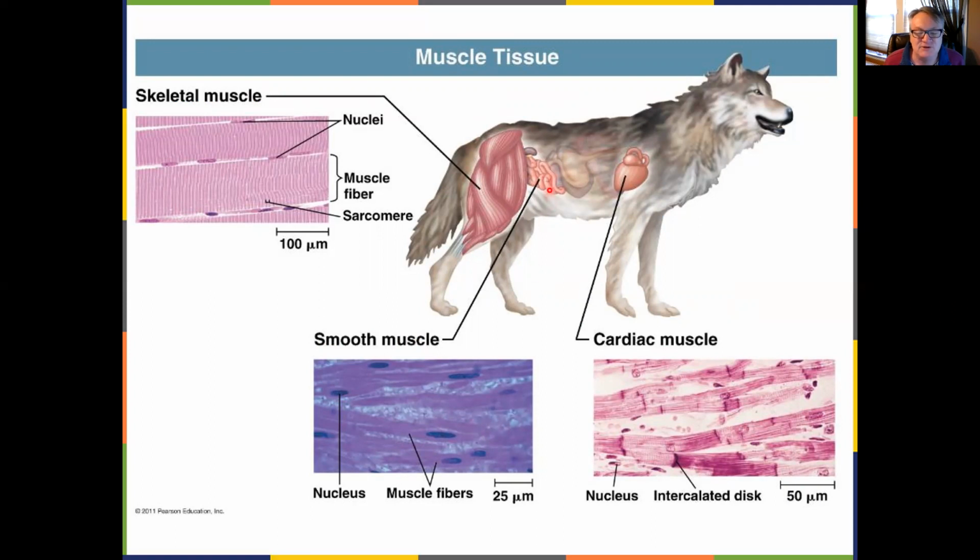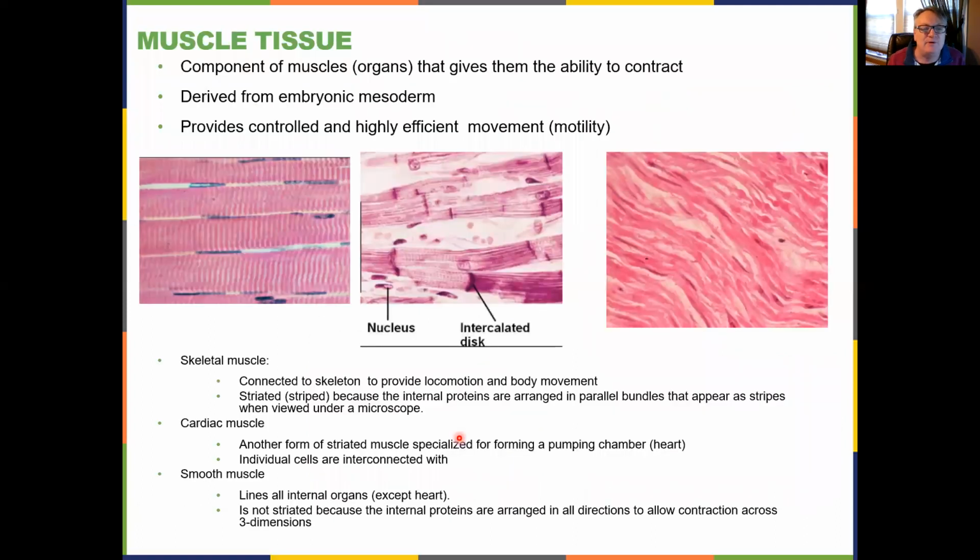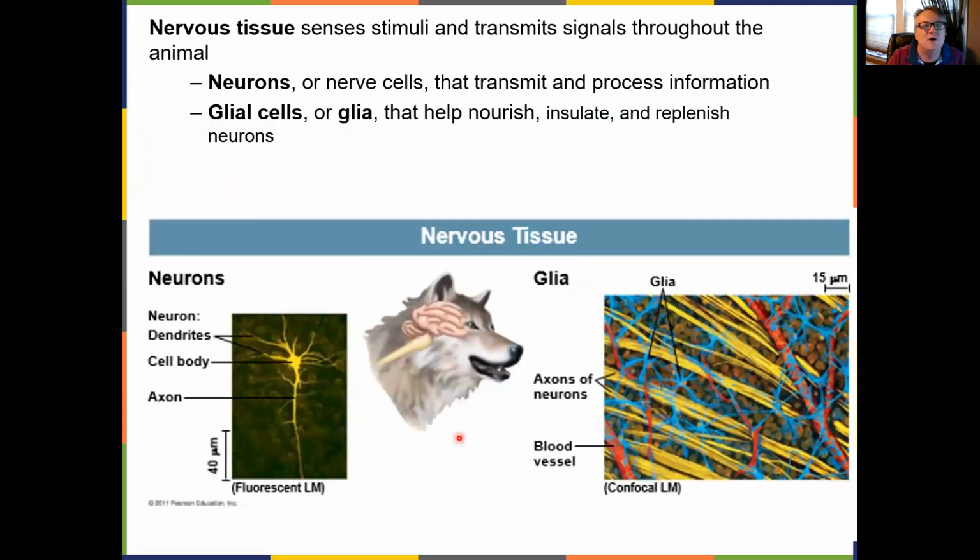And it allows us to change the size of the ducts in internal organs to cause peristalsis, to do all sorts of things. So we're going to be talking about smooth muscle as we talk about the digestive system, respiratory system, and the urinary system.